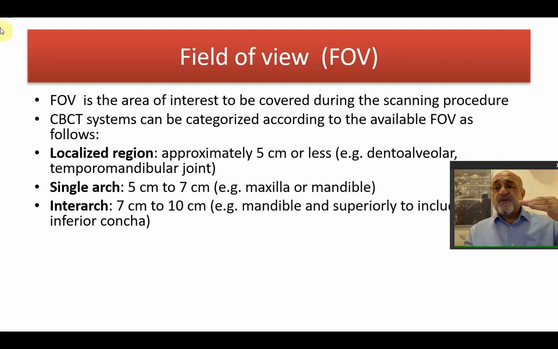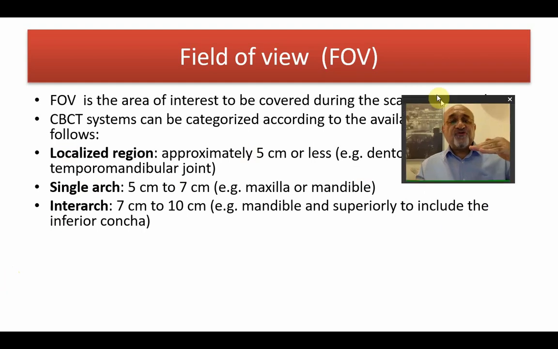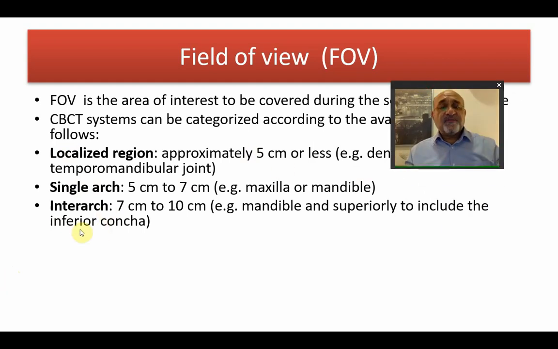You can have it also as an inter-arch machine that will have a coverage of between 7 to 10 centimeters, like the mandible, and superiorly to include the inferior concha.